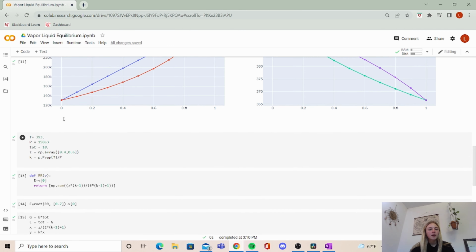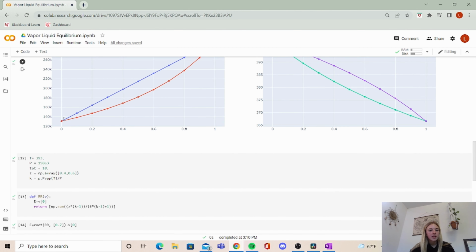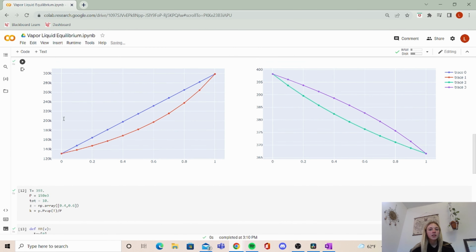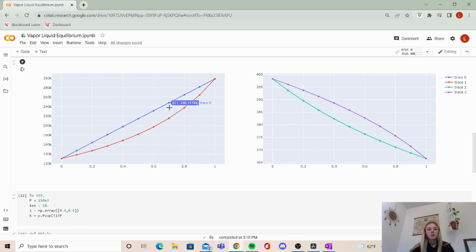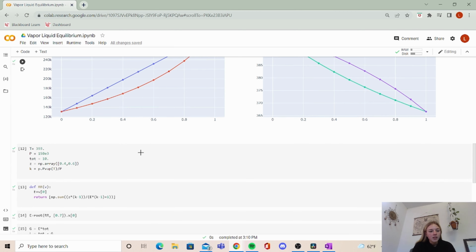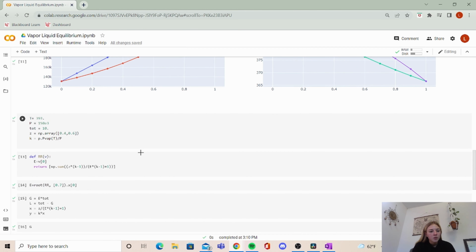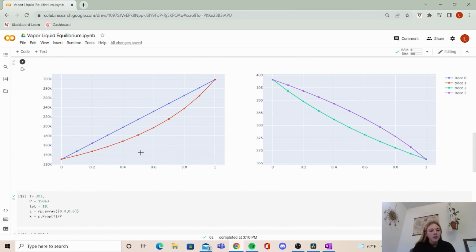But luckily, we used the same temperature and pressure in our plots up here when we calculated the dew pressure, dew temperature, and bubble pressure and bubble temperature. So we can actually see where on these plots our mixture lies. We started out with 0.4 of benzene, which is this on the x-axis here.